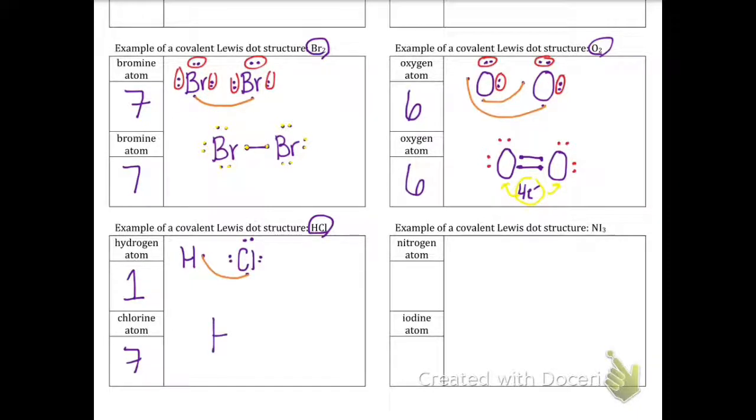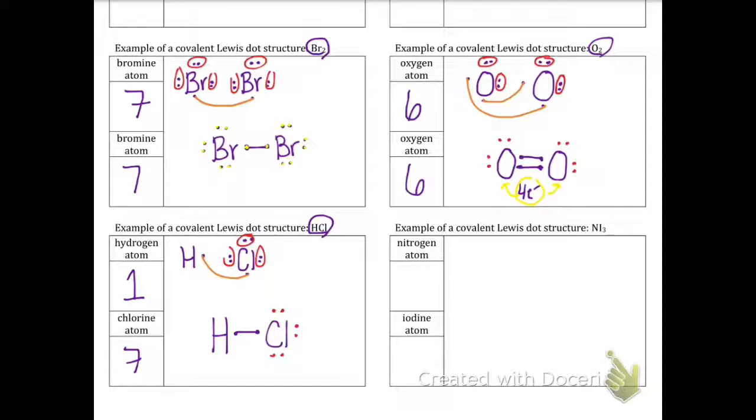So H is going to share with Cl. And then all the ones that had buddies, we have to not forget them and draw it. 1, 2, 3, 4, 5, 6.